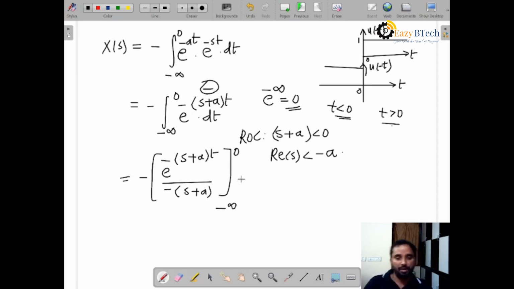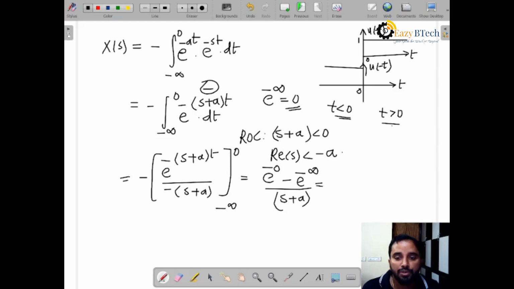So substitute upper and lower limits. Here minus minus plus, so upper limit is 0, e power minus 0, and lower limit is minus infinity. Already we discussed S plus A is negative, so minus minus plus, again minus infinity, e power minus infinity by S plus A.